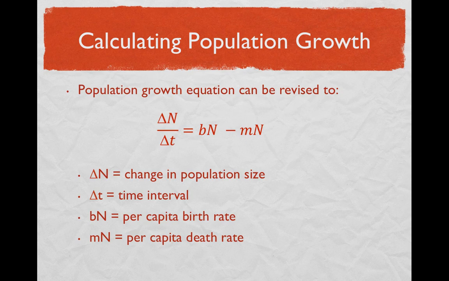Throwing this all together now, I'm taking that original equation and plugging in these bits and pieces. So here's my population change over time to include my per capita birth rate and my per capita death rate. Okay, because we're not necessarily going to be capable of going out and counting every birth that happens, every death that happens.